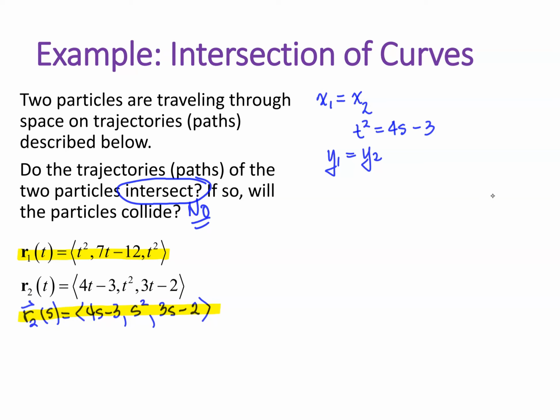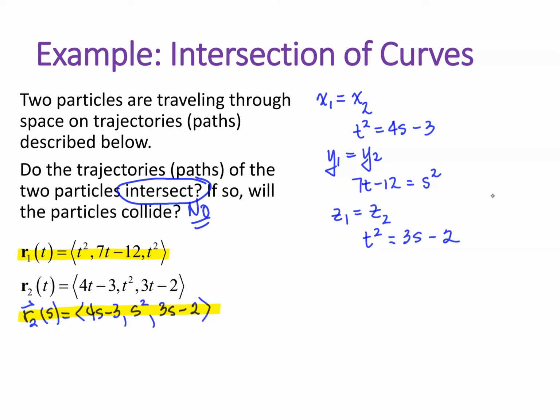That would be 7t minus 12 equals s squared. And then we'd look at our z component functions similarly. So z1 would have to equal z2, and so t squared would have to equal 3s minus 2.